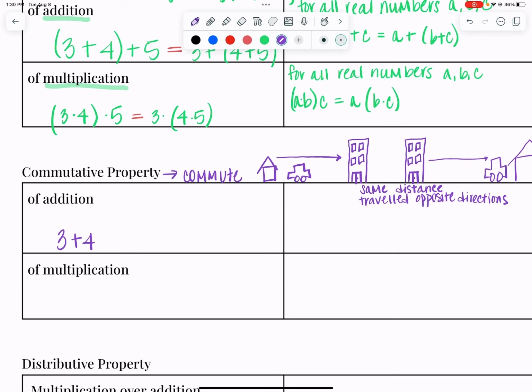If 3 plus 4 is 7, the commutative property says I can use the same numbers in the opposite direction, the opposite order, and get the same result. It says I can go from home to work and from work back to home and cover the same space.